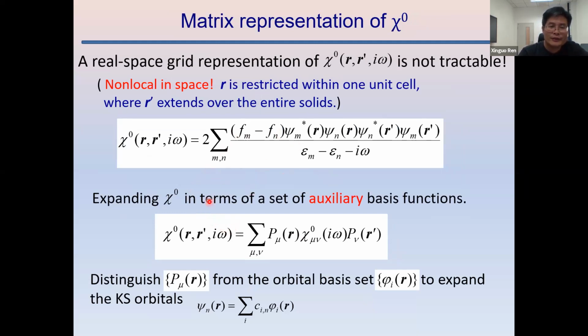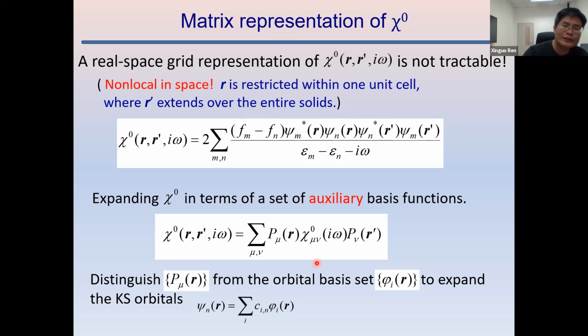So the key quantity is to choose a set of auxiliary basis functions to expand this chi0. And really depending on what basis set you use in your DFT calculations, this auxiliary basis can be chosen in different ways. Typically in the plane wave community, one also uses plane waves for these P's.